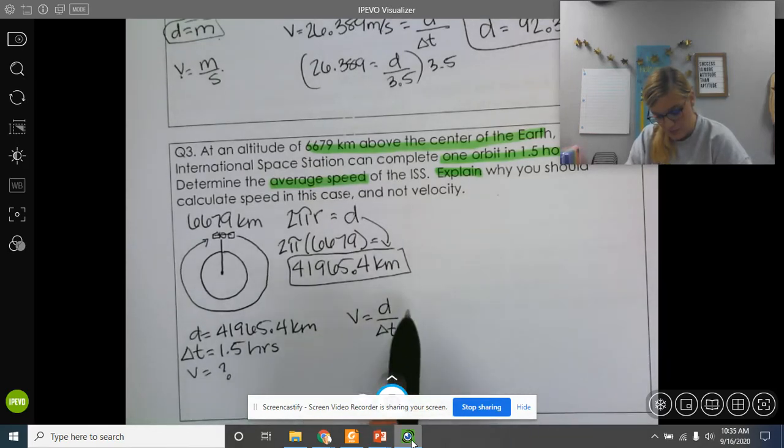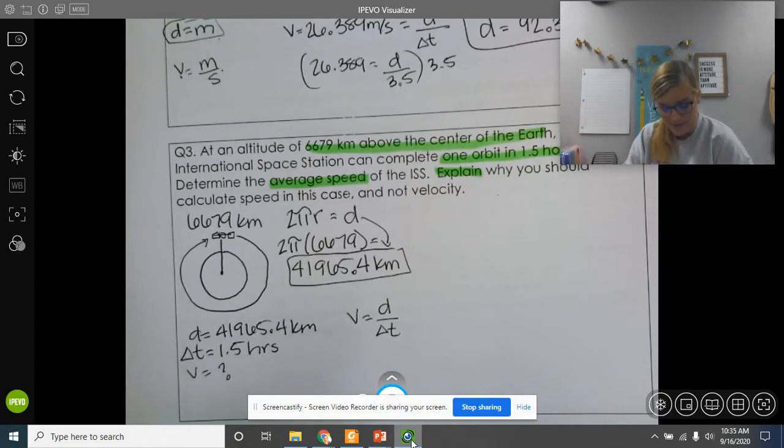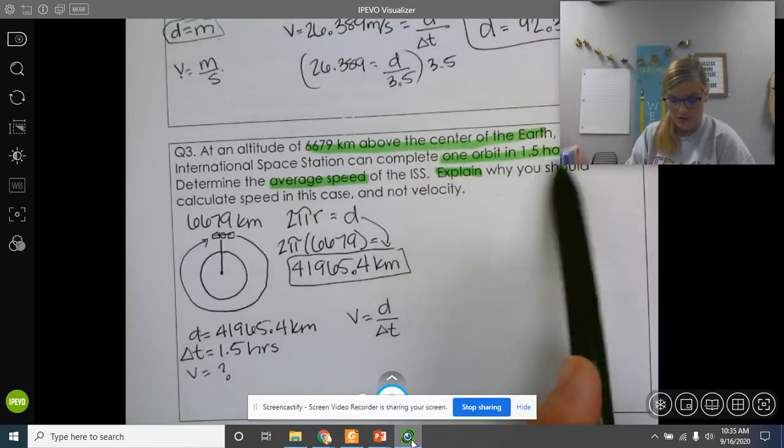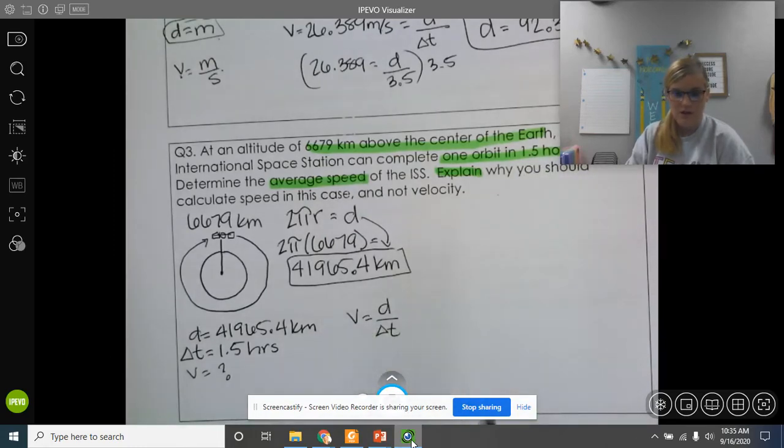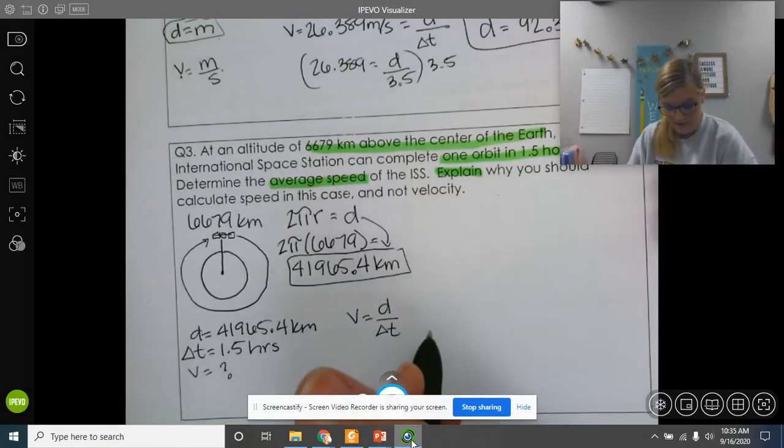And I guess one technical aspect of this is it wants average speed, but the International Space Station, even though it might deviate in what it's doing, we have a total time here and a total distance.